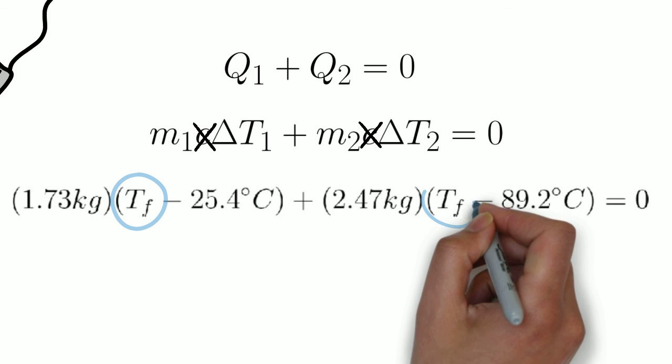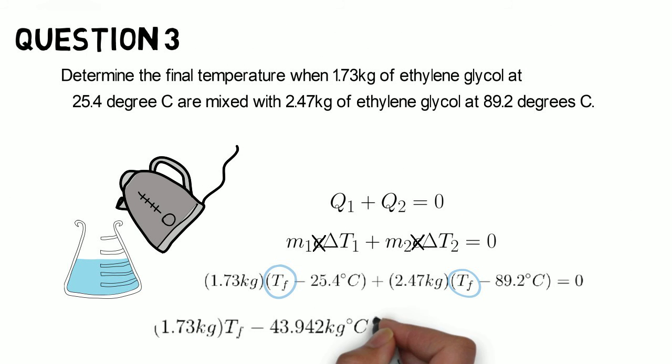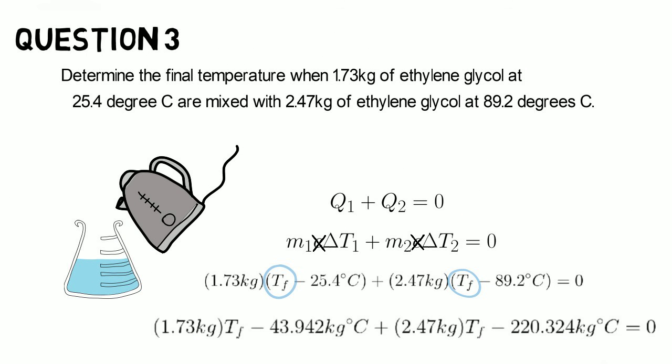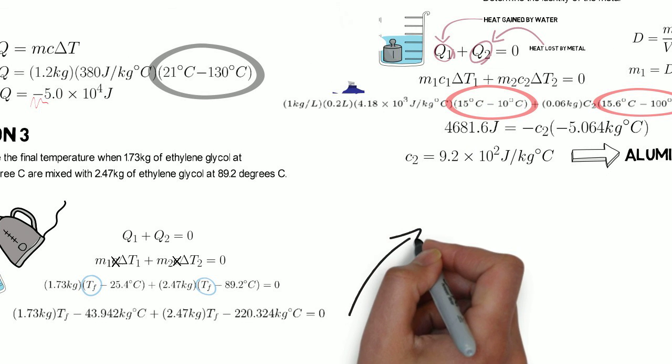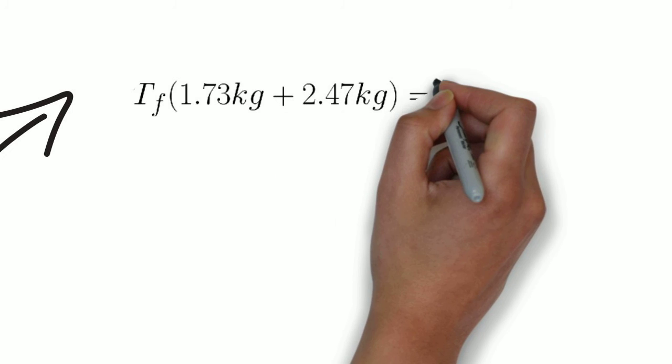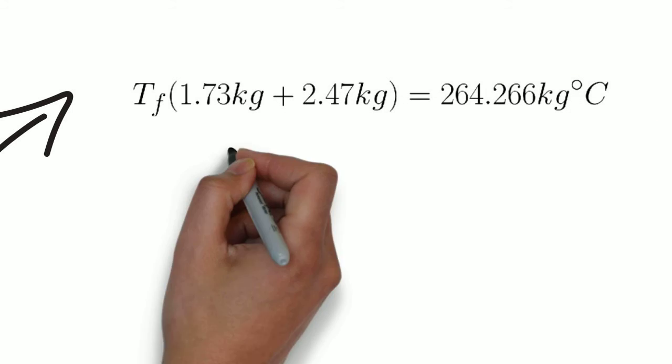So what we can do is expand, collect like terms, meaning we collect our final temperature, and then solve, which gives us a final temperature of 62.9 degrees Celsius.